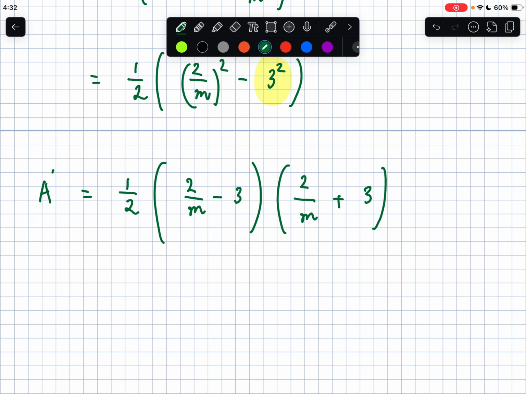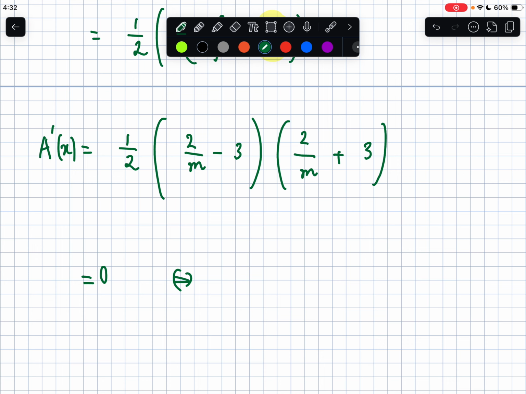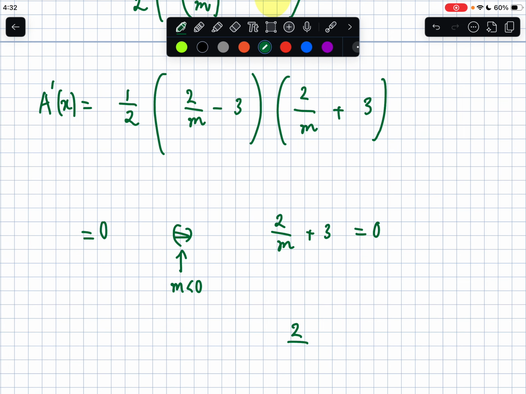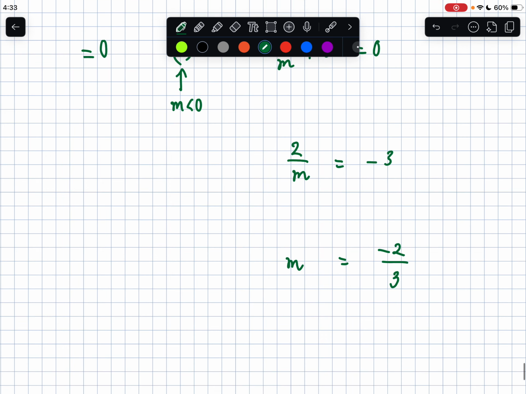A prime equals 0 if and only if this one equals 0 or this one equals 0. But we want m to be negative, so this one is always negative. So only this term equals 0: 2 over m plus 3 equal to 0, 2 over m equal to minus 3, m equal to minus 2 over 3. This is our critical point.